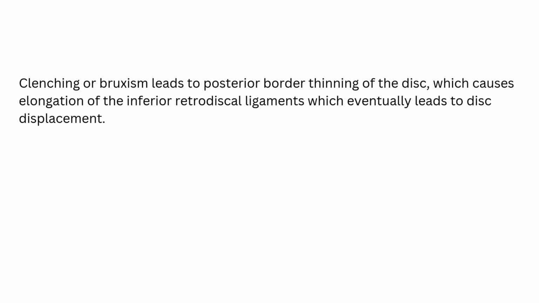Got it? And this is mainly caused by clenching, bruxism, which causes posterior border thinning of the disc. Okay, also causes elongation of the inferior retrodiscal ligaments. All right, and this also leads to disc displacement.